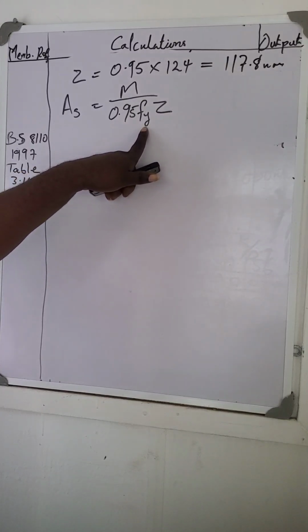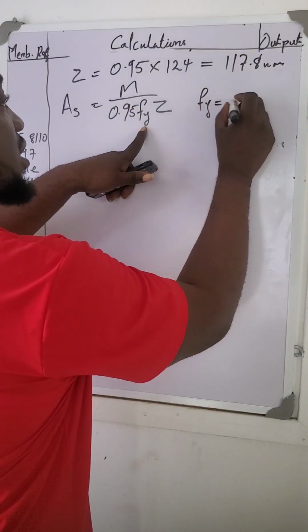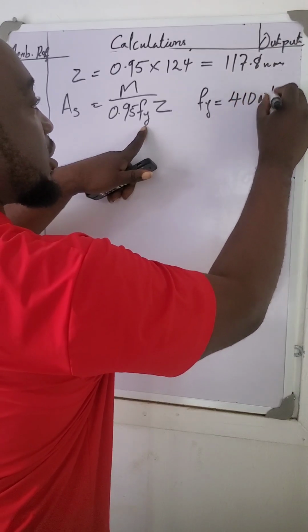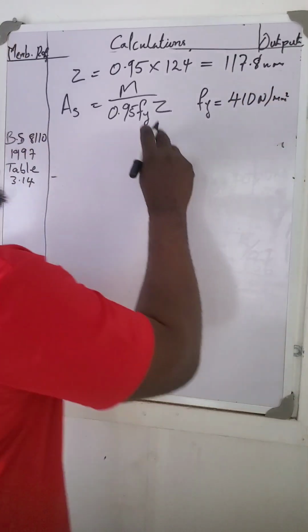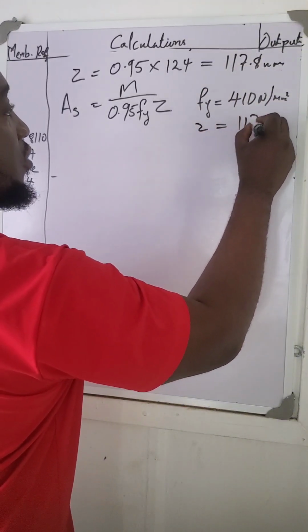Fy is the characteristic strength of steel. We are using the characteristic strength of steel to be 410 Newton per millimeter square. Z is equal to 117.8.